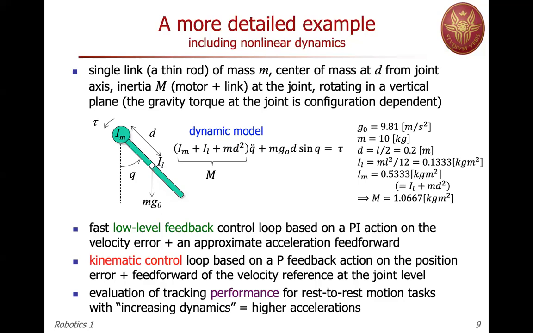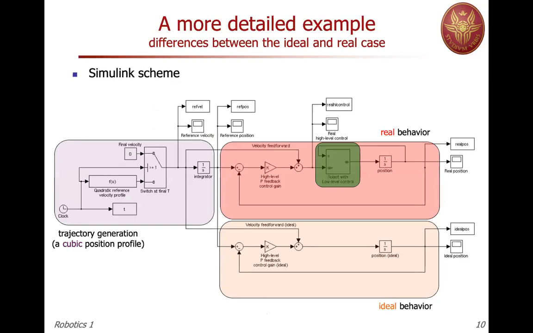So with this in mind, if the required performance is not too demanding, then this loop works. This approach leaves the dynamics to a low-level control loop and plans and controls the robots only at the kinematic level. And this was a block diagram that we have seen.